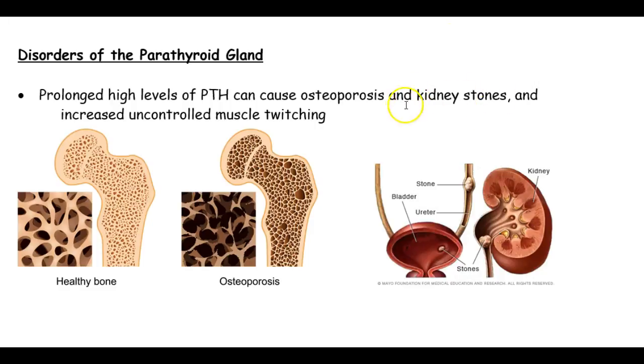Now, kidney stones can also result from overproduction and secretion of PTH, because the excess calcium in your bloodstream can cause some of the calcium to precipitate and to form these calcium stones here. Not all kidney stones are caused by calcium, but certainly some of them are.